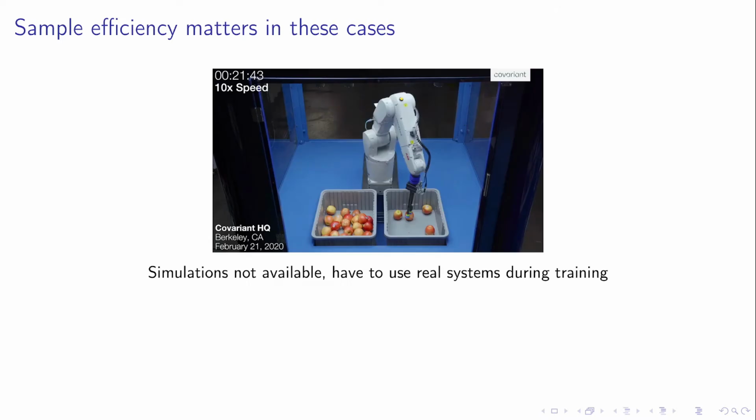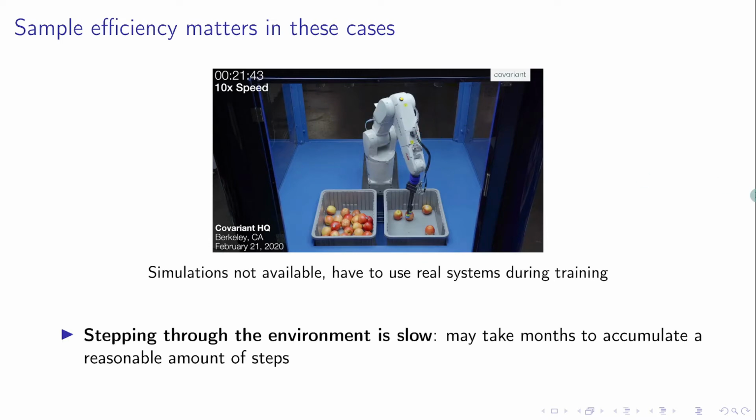The first scenario occurs when a simulation of the problem is not available and we need to train the algorithm on a real system, like the physical robot that we see here. In this case, stepping through the environment can be slow because we are bound by the speed of physical systems.